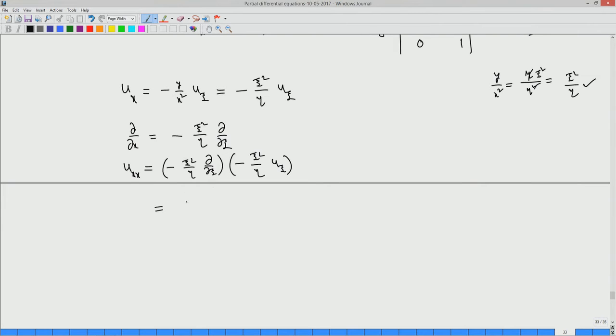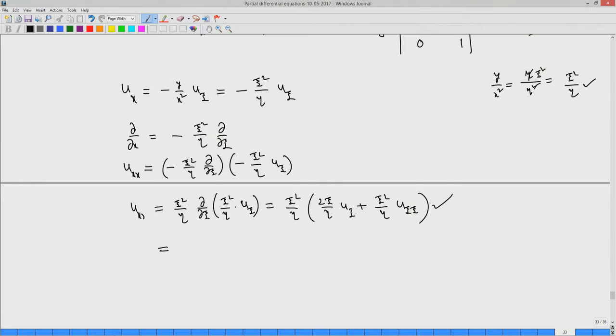So, minus minus plus xi square by eta. Now, you differentiate this product of functions. Xi square by eta, u xi gives 2 xi by eta into u xi plus xi square by eta u xi xi. That is it. So, this is my uxx.